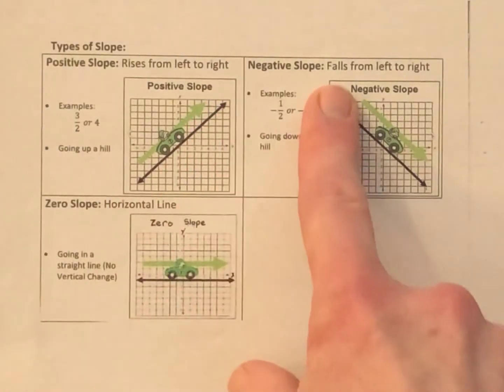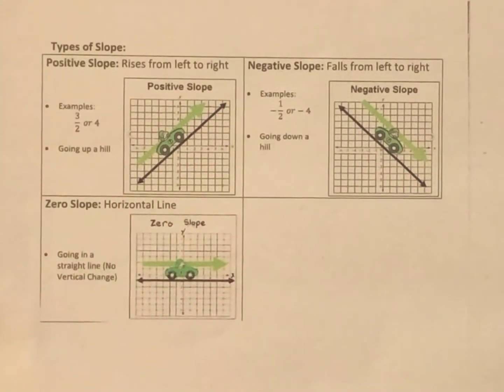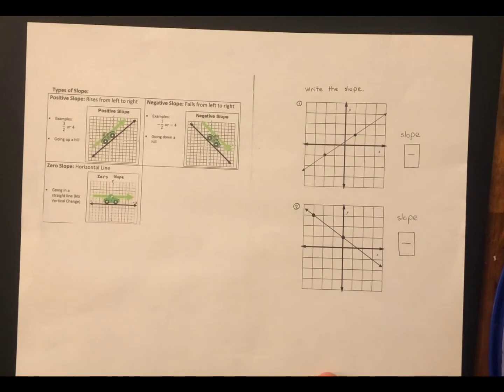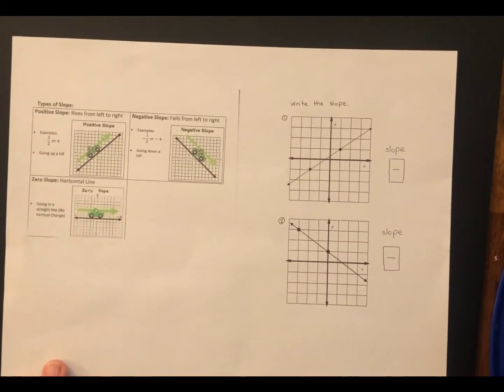The positive slope, the negative slope, and the 0 slope. With that in mind, we are going to identify the slope of these and then figure out what you do when you come to a negative slope. So let's get started.